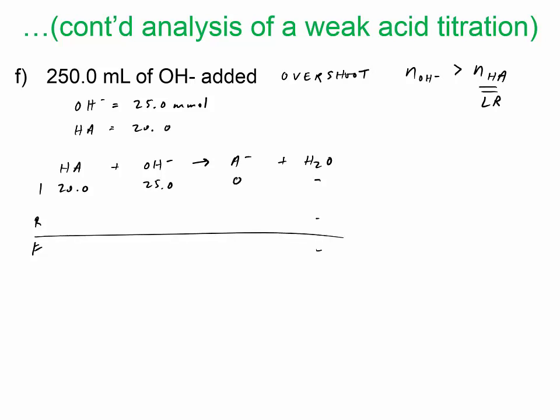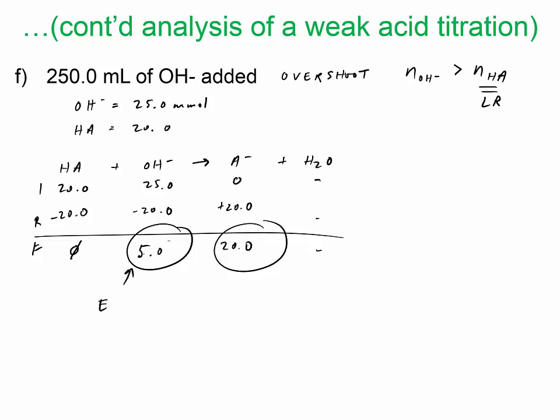Okay, so now this is our limiting reactant. We subtract 20 here and 20 here. So now we have excess OH, it's 5, and this is 0. This we have a lot of, but it's not going to matter. Even though you have 20 millimole of the conjugate, the strong base is in excess now.